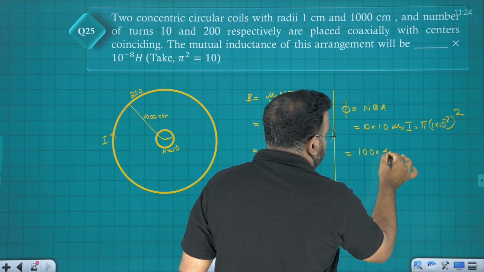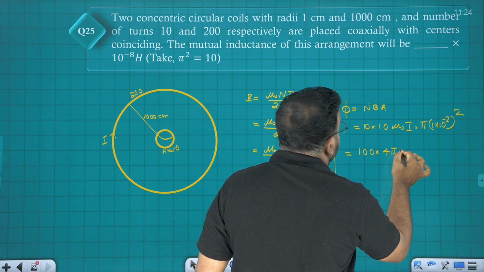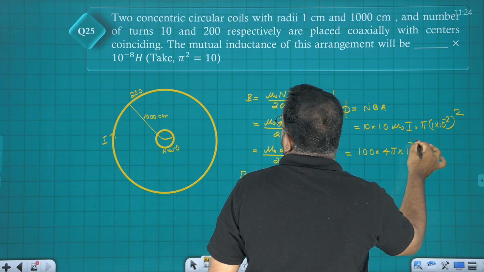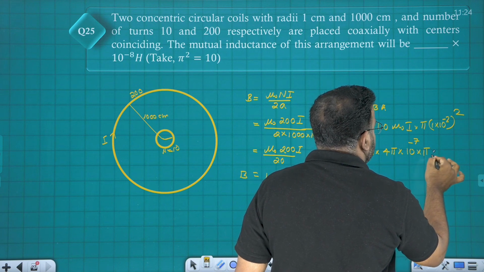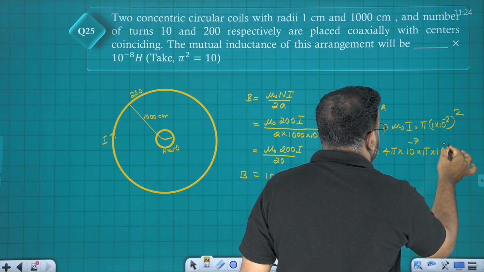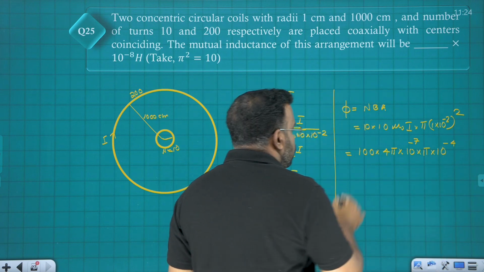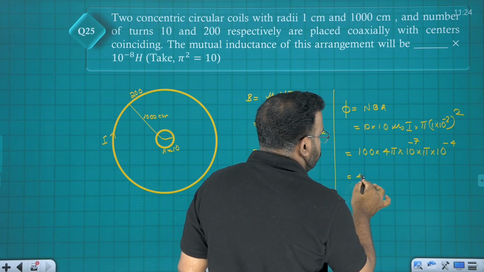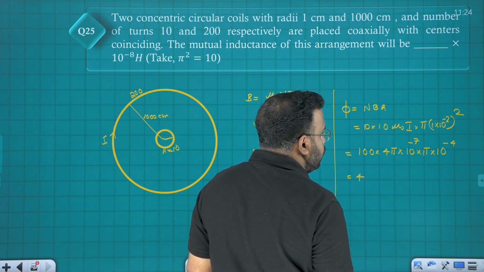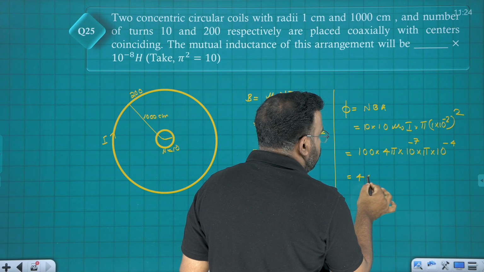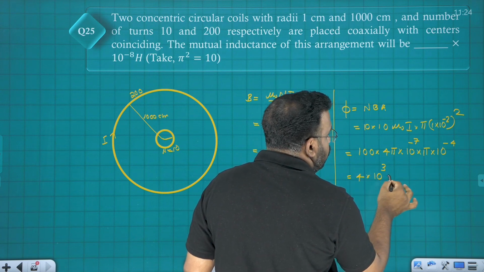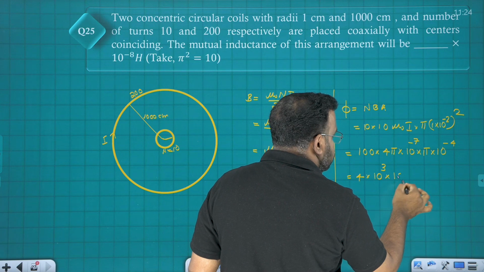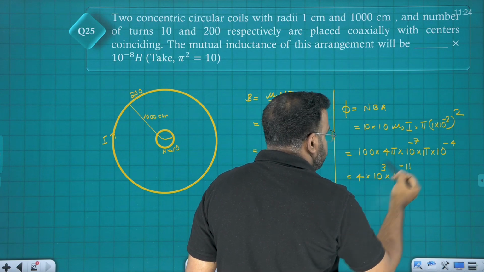Mu naught is 4 pi into 10 to the power minus 7, right? Minus 7 into pi into 10 to the power minus 4, we get 10 to the power minus 4. So this is 4 into pi square, we can take 10. So 10 into this 100 will become 10 cube into minus 7 minus 4 will become minus 11.